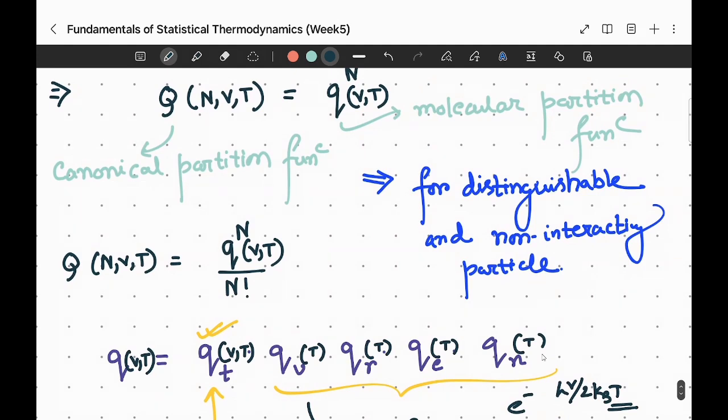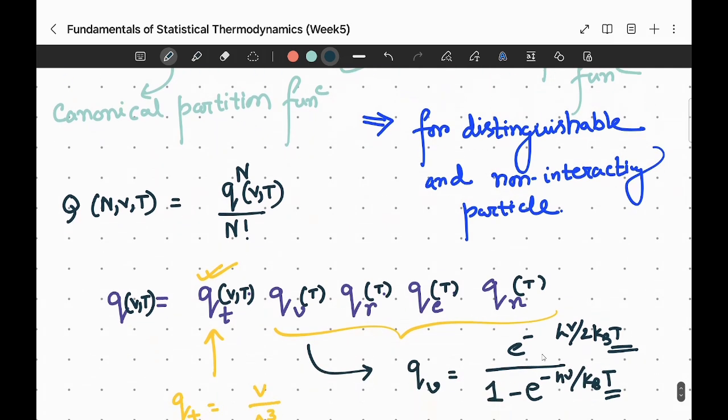This is what I want to say. I forgot one thing. This formula, Q to the power N by N factorial, is for indistinguishable particles.